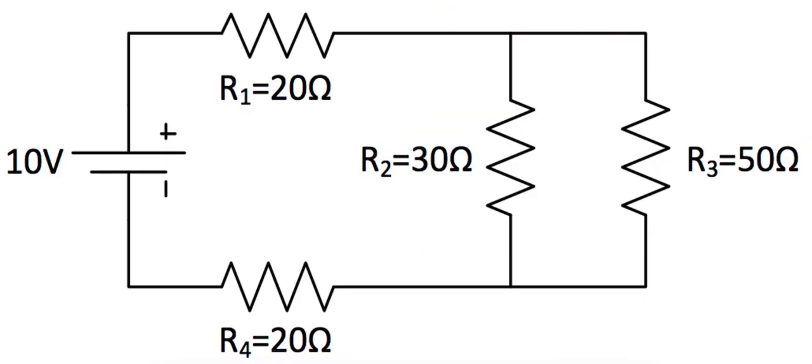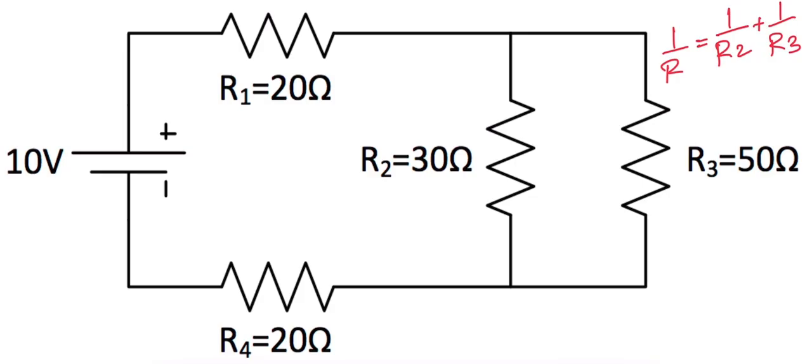So in order to solve R2 and R3 first, naturally they are in parallel with one another. So we need to understand the equation for the parallel circuit first. The final value of the resistance, which is R, can be obtained using this equation: 1 over R is equal to 1 over R2 plus 1 over R3.